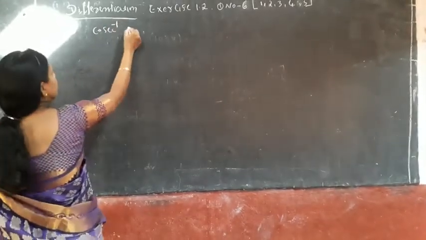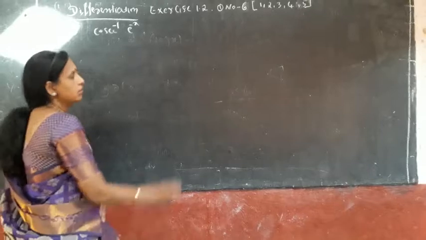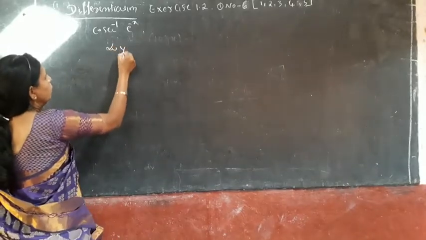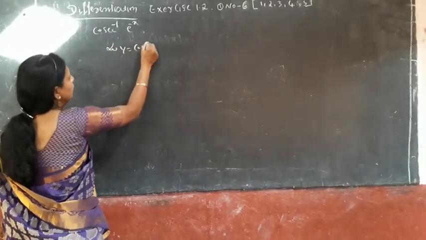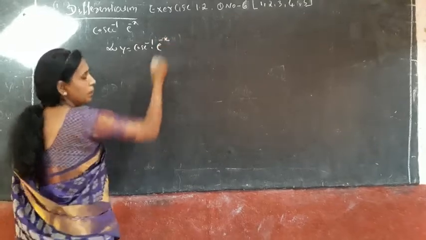cosec inverse e raised to minus x. Let y equal to cosec inverse e raised to minus x.